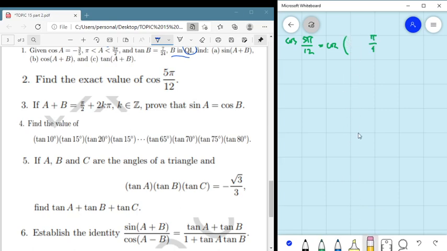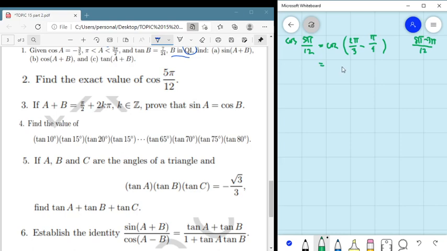Okay. So, it is more on trial and error. So, we will use 2 pi over 3. What you will do is get the LCD of 12. So, 12 divided by 3 is 4 times 2 is 8. Then, 12 divided by 4 is 3 times pi is 3 pi. So, you subtract to get 5.